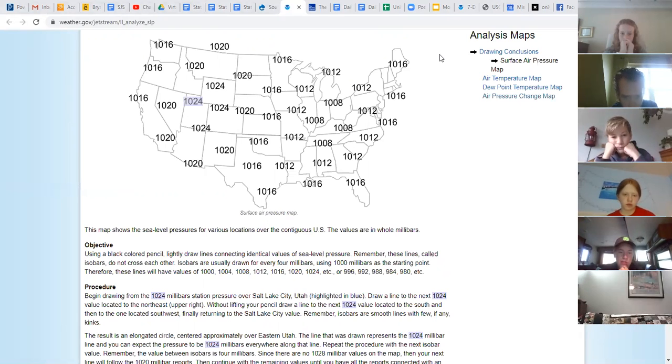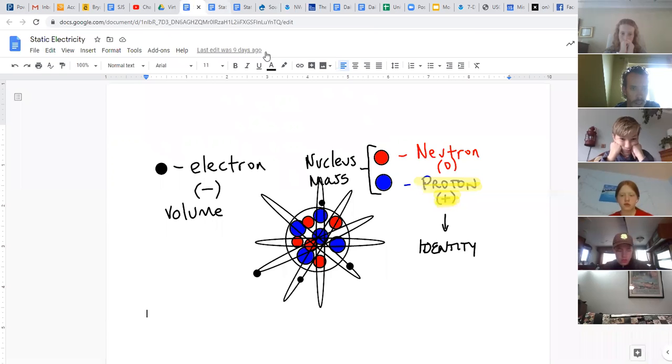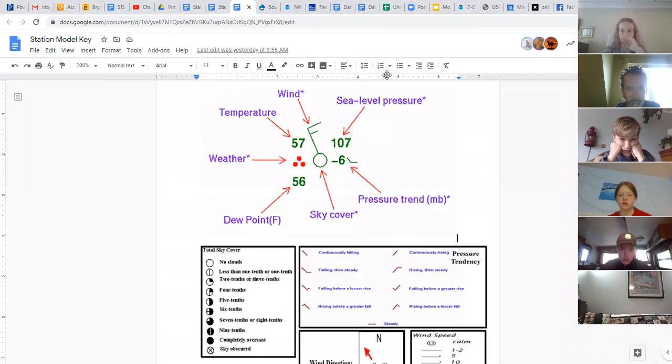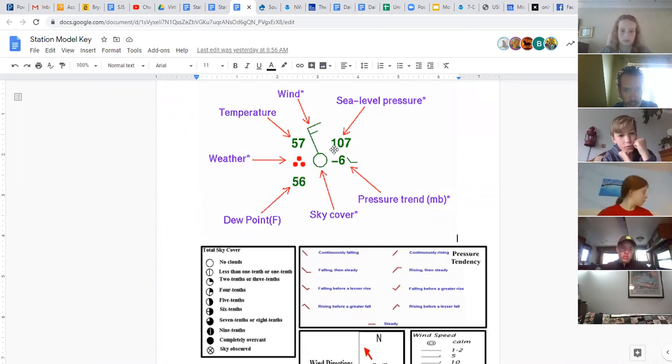More questions coming in. How do I find the first pressure number? Carson, I'm confused by... well, let me see if this helps. When I go to my key, the pressure value that we start with for following those directions is reported in the upper right-hand corner.